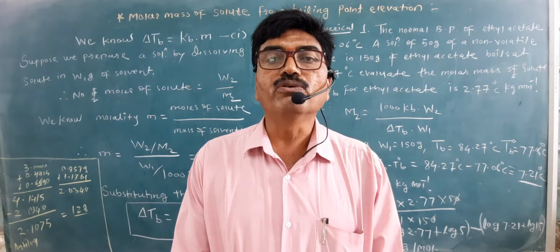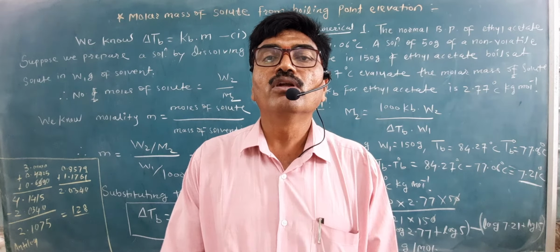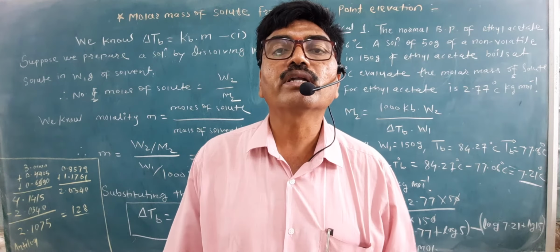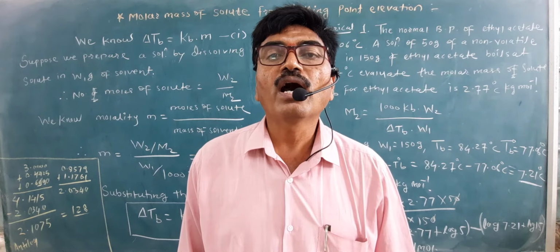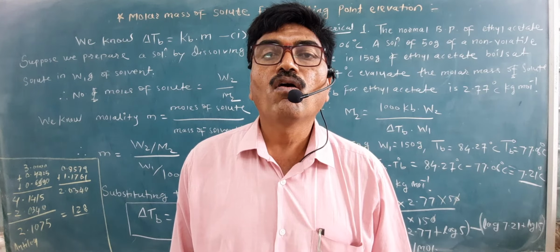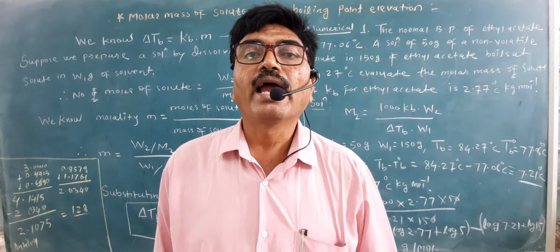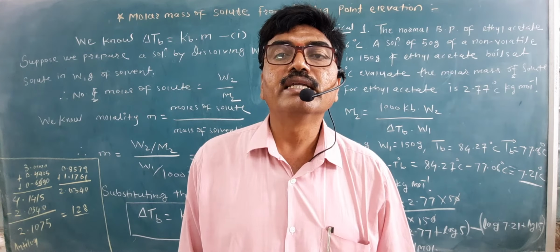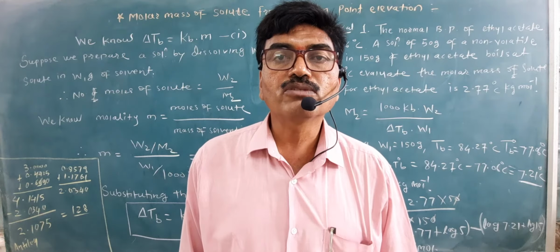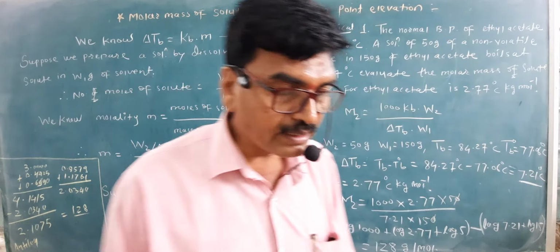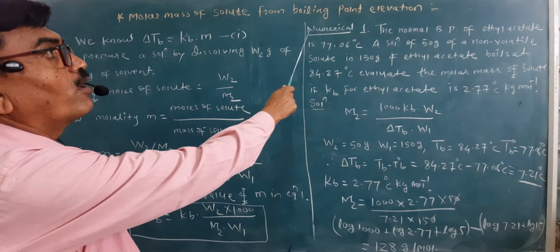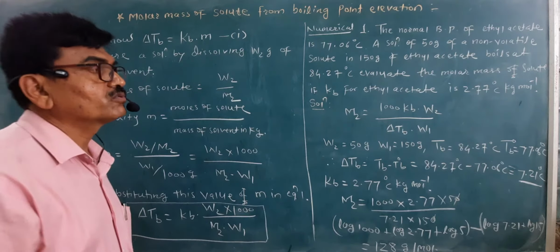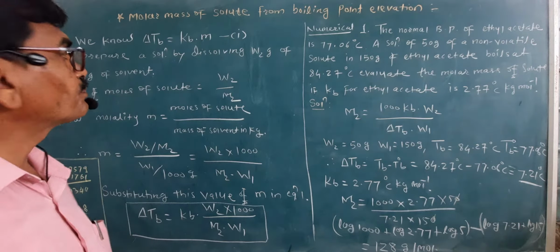In this video we are going to learn the very important relationship between the molar mass of a solute and the boiling point elevation, that is, how to determine the molar mass of a solute from boiling point elevation. That is the aspect of our study.